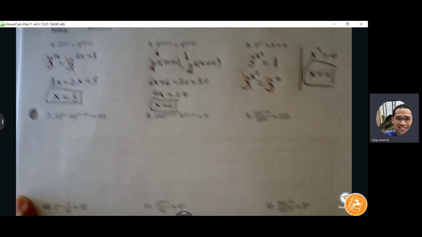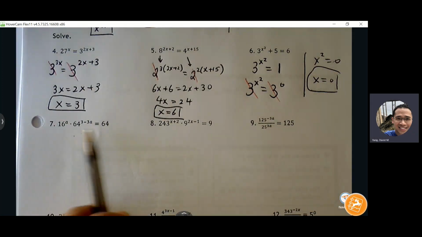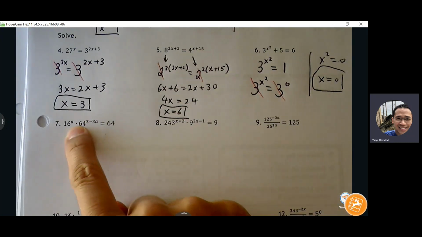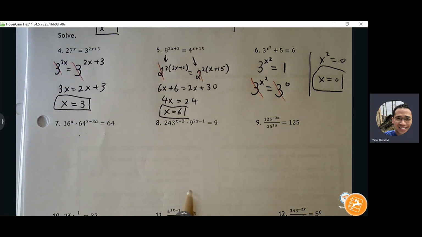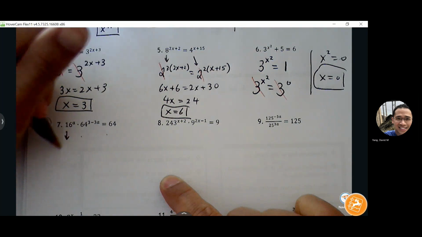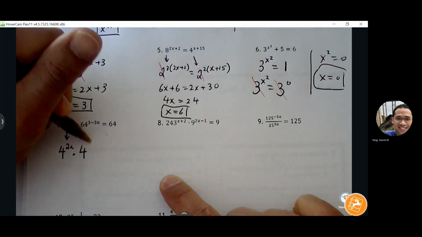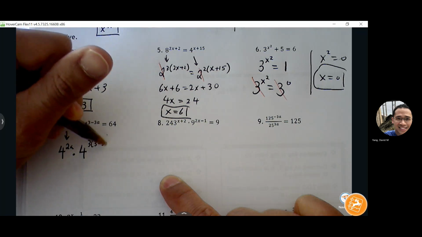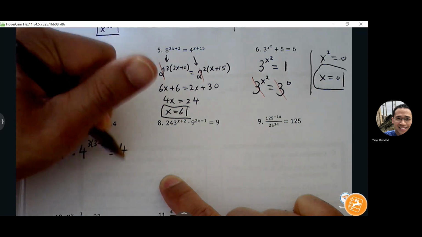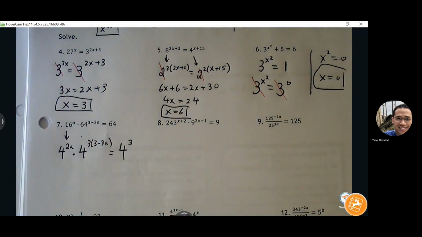Number 7 feels a little messier, but if I can get all the bases to match, then I'm able to make some progress. So 16, 64, 64, they all can share a base 4. Now, if I'm multiplying bases, what do I do with the exponents?